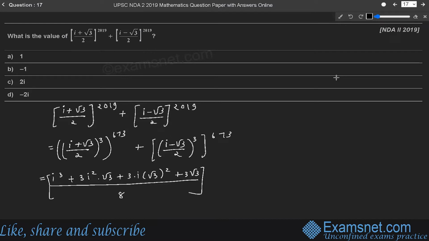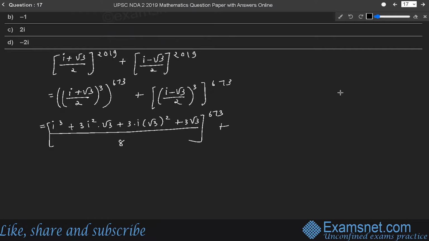and again the whole power is 673 plus i cube minus 3i square into root 3 plus 3 into i into root 3 square minus 3 root 3, whole divided by 8, and whole power is 673.